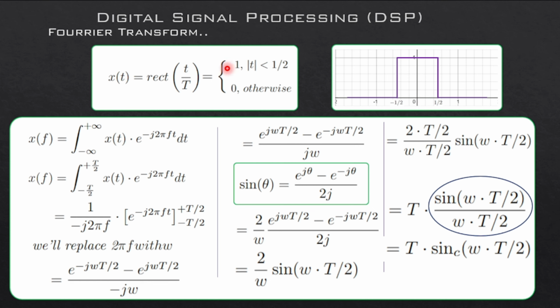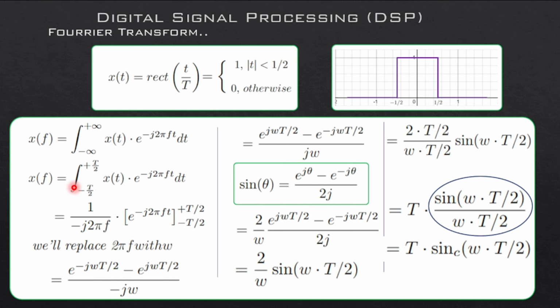So the Fourier transform X(f) is equal to the integral from minus infinity to plus infinity of x(t) times exponential minus j 2 pi f t dt. Since the signal is only represented between minus T over 2 and plus T over 2, we can bound the domain of this integral between minus T over 2 and plus T over 2.